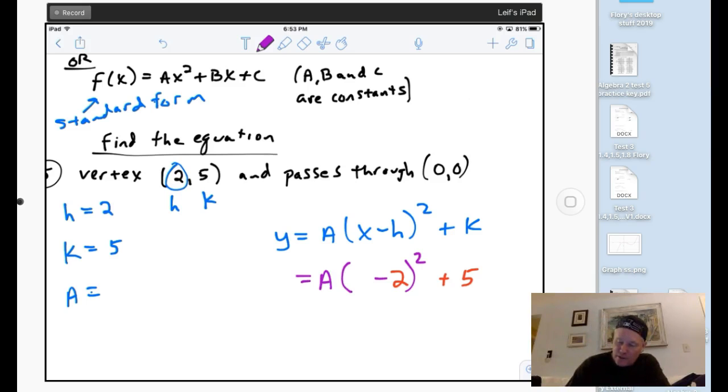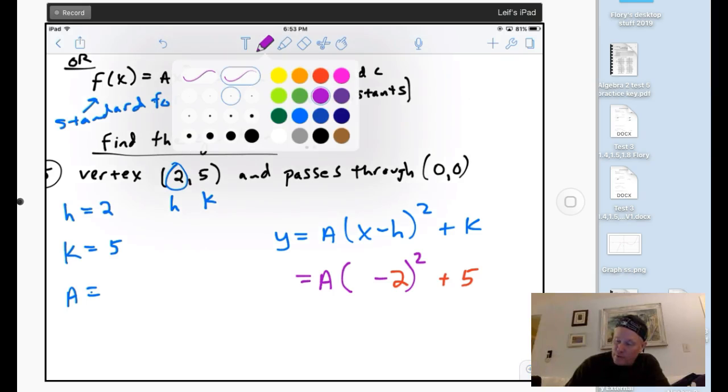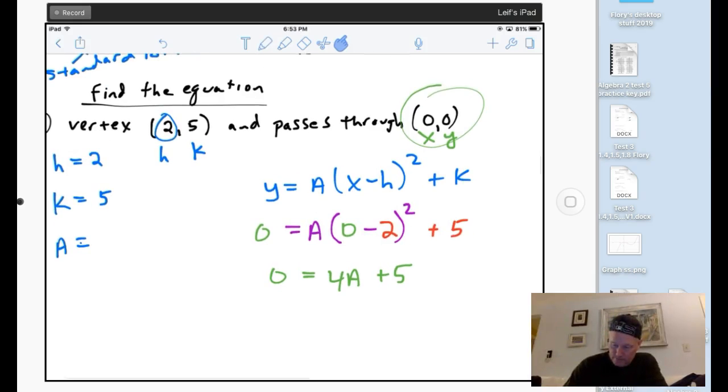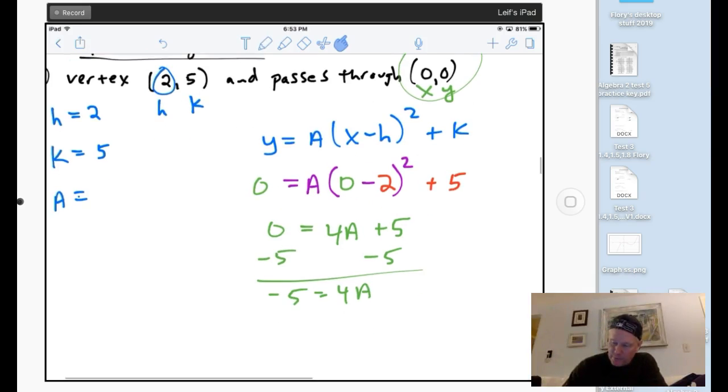Now the other thing I can do is I can use that point and plug those values in, the 0, 0 that is. This is the x, this is the y. So the x goes here, the y goes here. And now I can figure out what a is, and then I can write down my answer, okay? So 0 minus 2 is negative 2. Negative 2 squared is 4, so I get 4a plus 5 equals 0. And with some quick algebra there, you find out that a is negative 5/4.